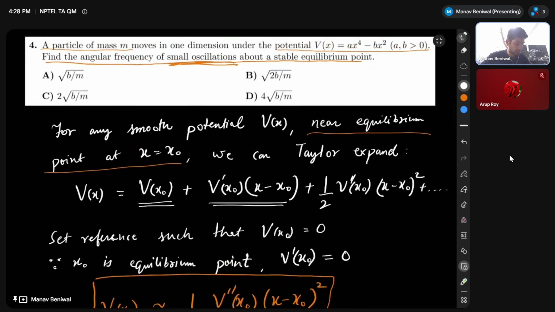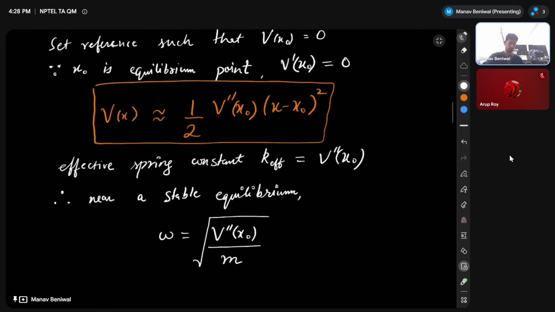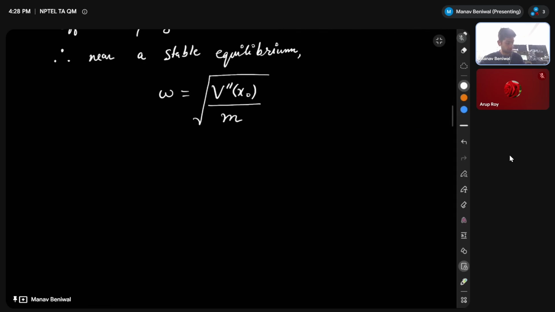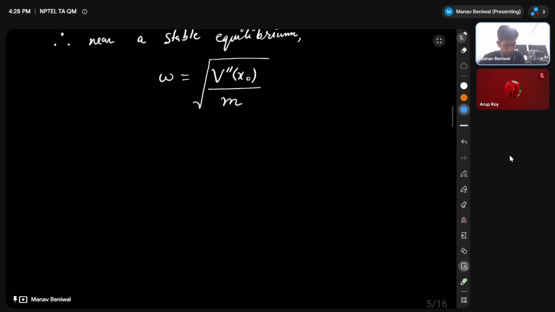V of x is ax^4 minus bx^2. So the potential that is given to us is V of x is ax to the power 4, sorry, minus bx squared.